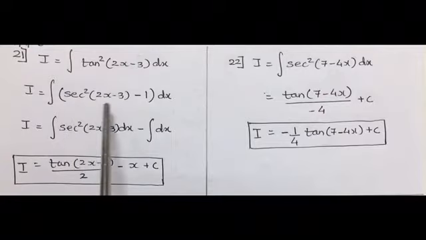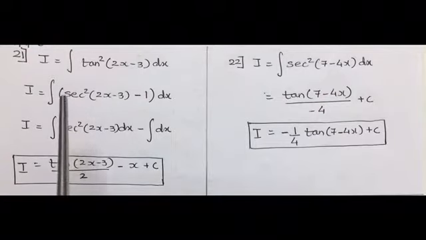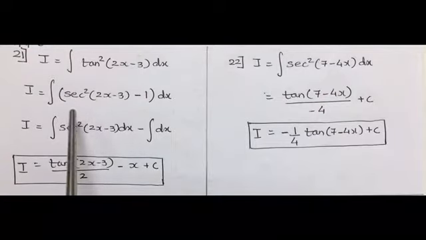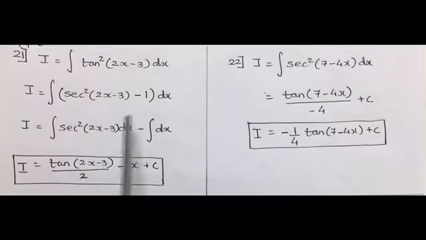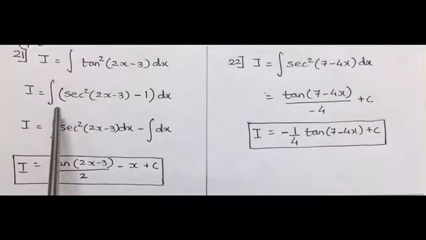Why do we need to convert in terms of sec square? The reason is we have the integration of sec square. Now writing sec square minus 1, taking the integration separately for both.